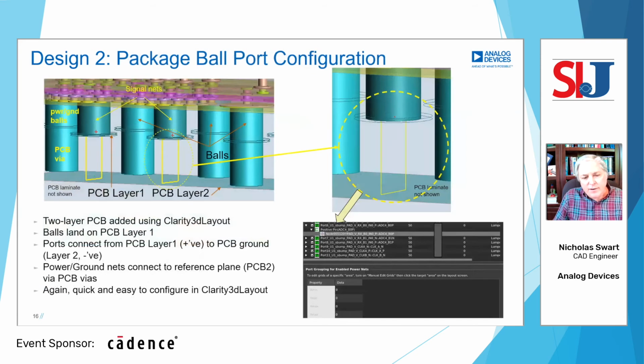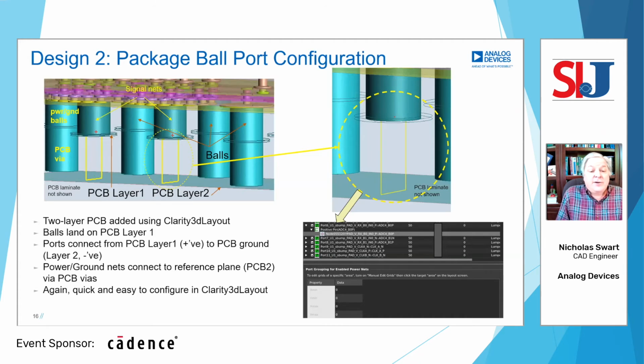And then on the package ball side, we use a similar approach to what we used in that other simulation I showed you, a 2-layer PCB with the power and ground nets physically connected to that bottom PCB layer, and then ports taken from the package balls. I always get the balls and bumps mixed up. Package balls down to that ideal second PCB layer.